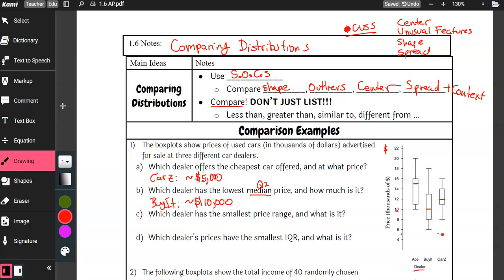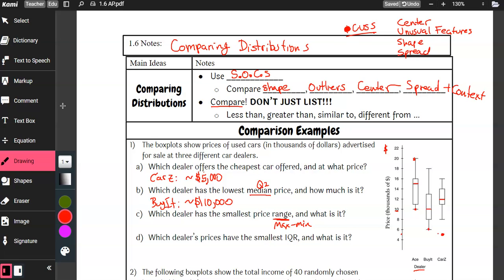Which dealer has the smallest price range? So we want to look at the highest minus the lowest. So here we see a subtraction of 10,000 and about 10,000 to 20,000, that's about 10,000 difference.